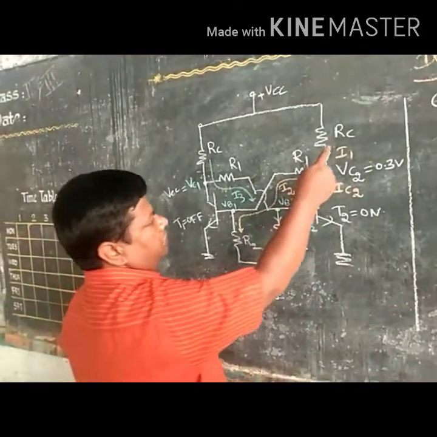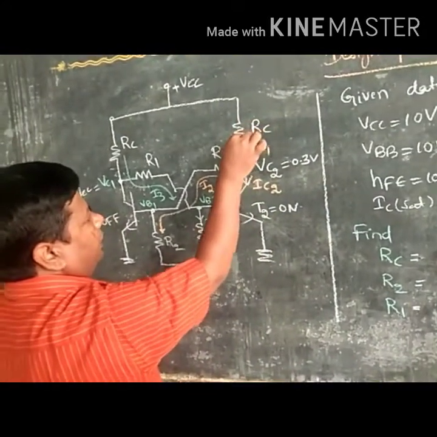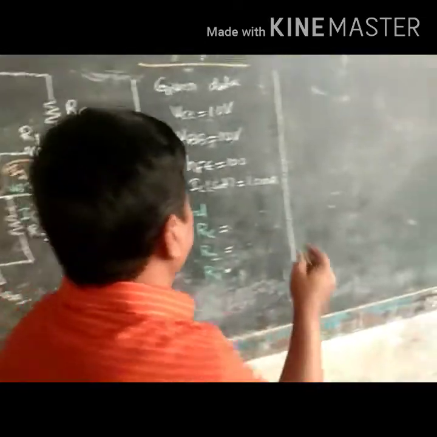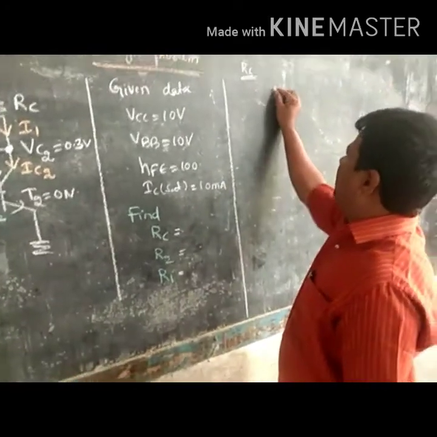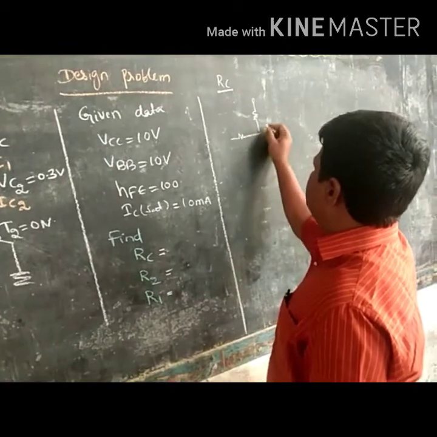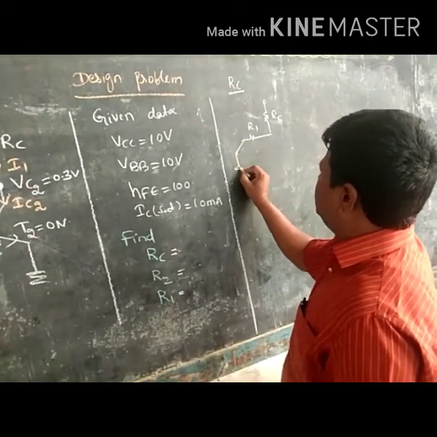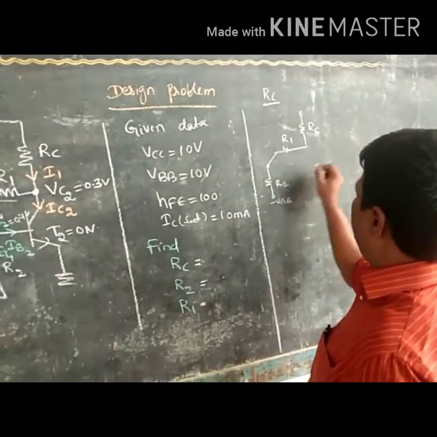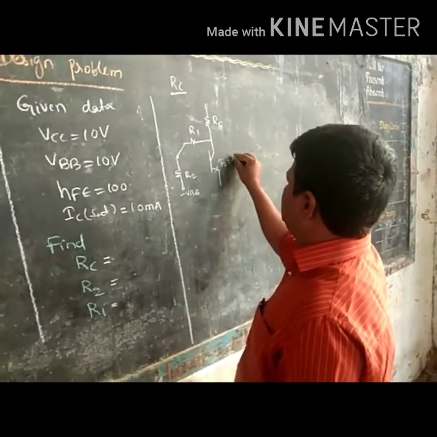Now observe this circuit, with T2 on. Observe this branch: RC, R1, R2, only this branch. First find RC. Consider the branch RC, then resistor R1, then resistor R2 to minus VBB.